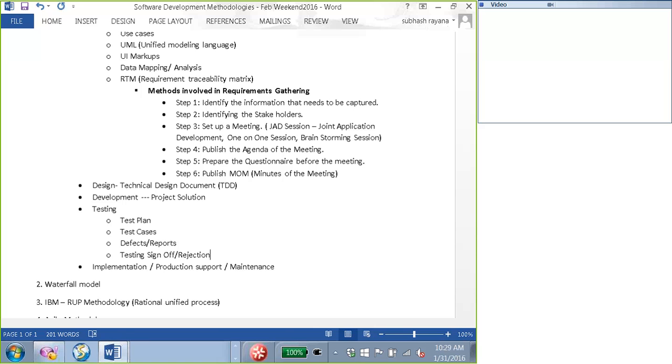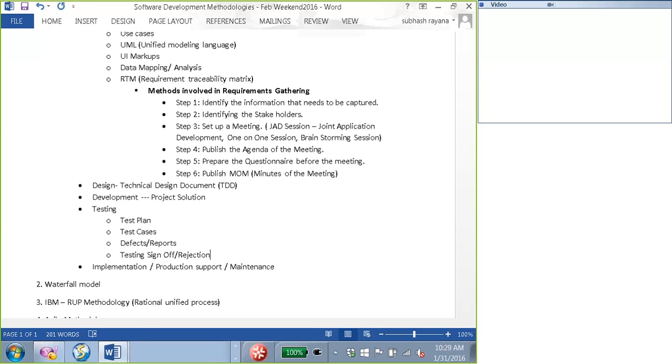If they're not comfortable, they reject it, then the technology team has to go back, look at all the defects and issues, fix them, and have it reviewed again. Until the testing team officially signs off, the product will not be delivered to the customers.